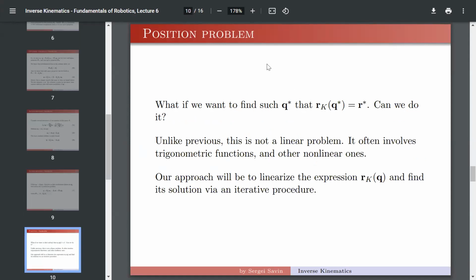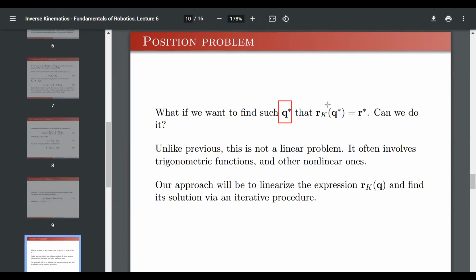Now, here comes the most difficult part of the lecture. It's not like mathematically much more difficult, but it is conceptually, I think, a little. So what we want is to find Q star, such that RK, so position of point K, of Q star is equal to R star. So remember previously we were asking how to find joint accelerations that provide end effector accelerations that we want.